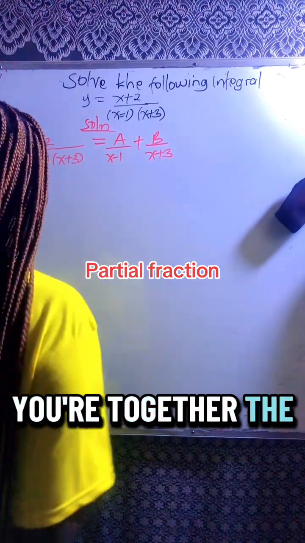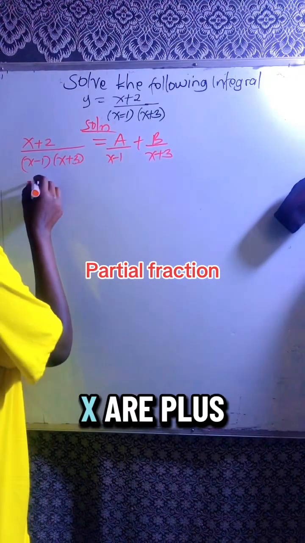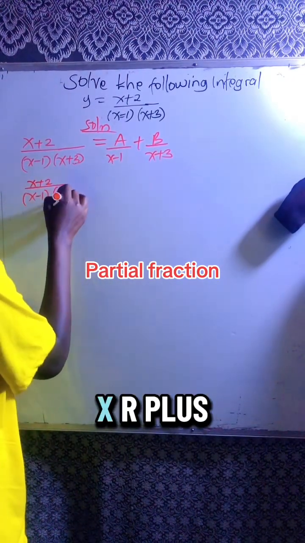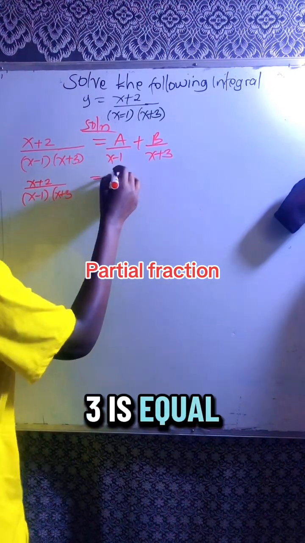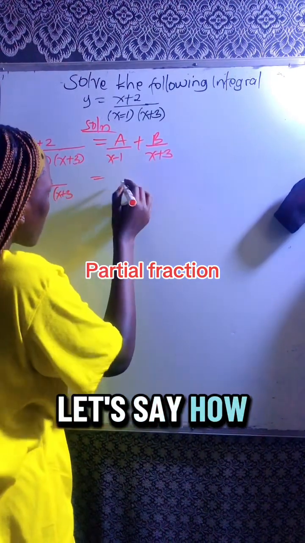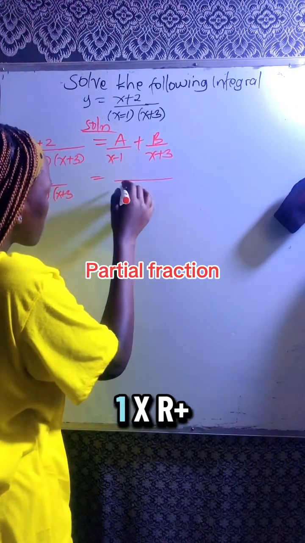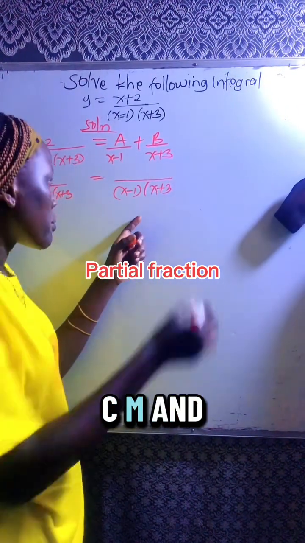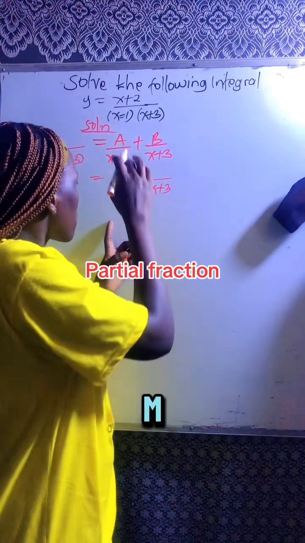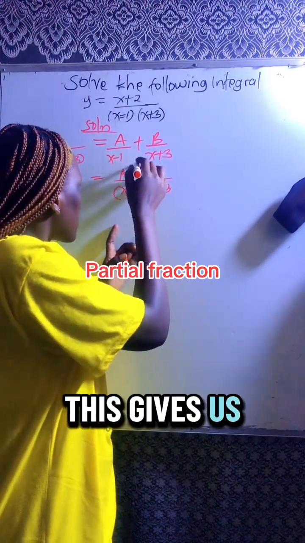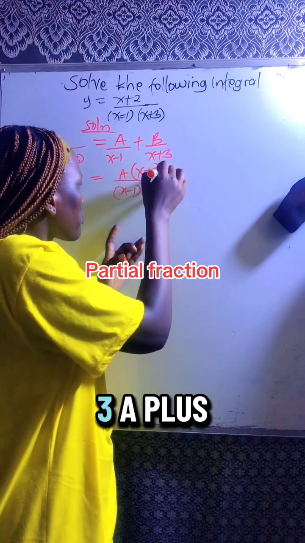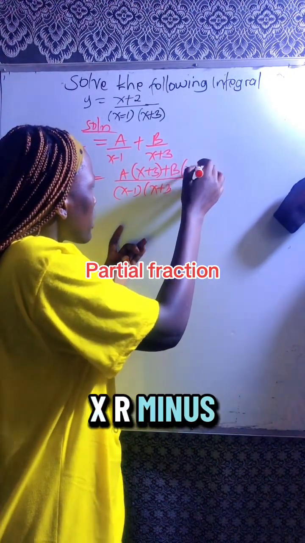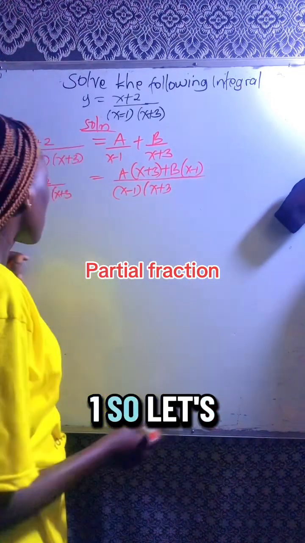If you are to get the LCM here, we will have (x + 2) out of (x - 1)(x + 3) is equal to A. Let's say our LCM is (x - 1)(x + 3). So this is our LCM, and when you multiply by this it gives us A(x + 3) + B(x - 1).